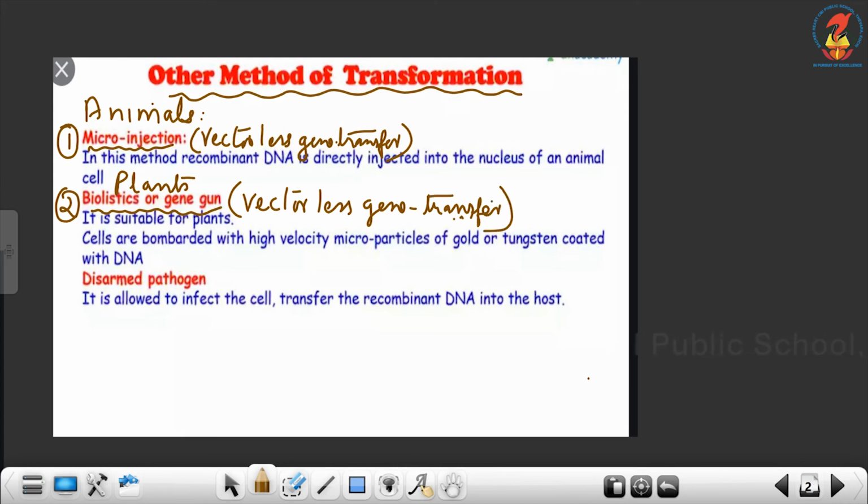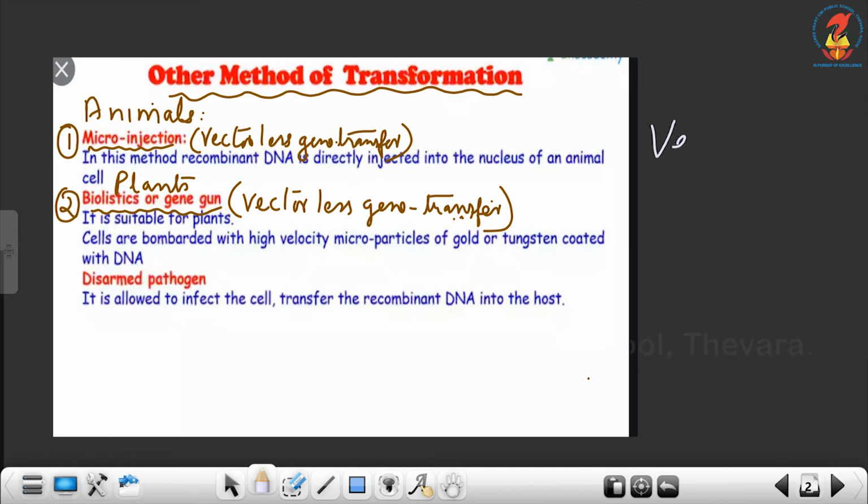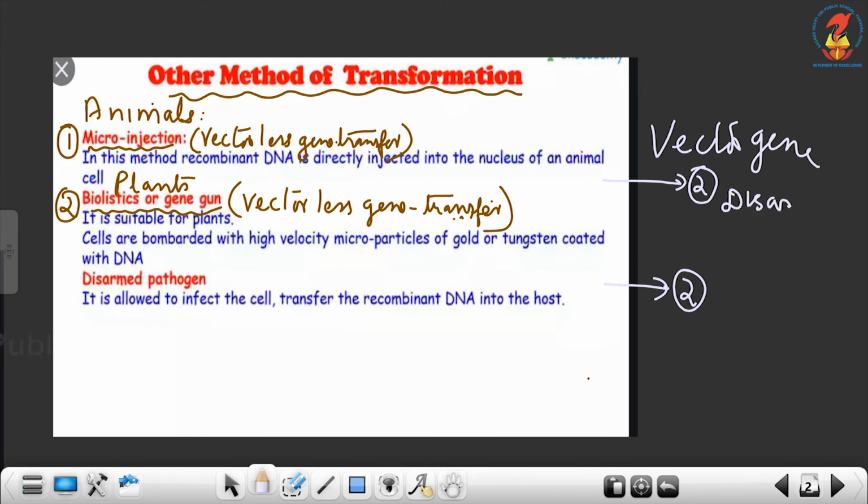On the other hand, vectored gene transfer, which involves a vector, for animals includes the second option, and for plants also the second option, that is disarmed pathogen. In animals, the disarmed pathogen is disarmed retrovirus, and in plants it is disarmed Agrobacterium tumefaciens.